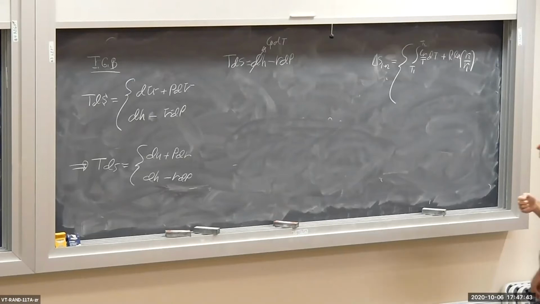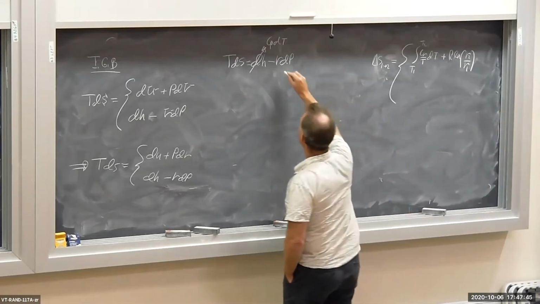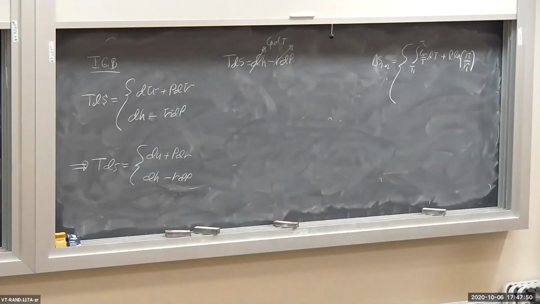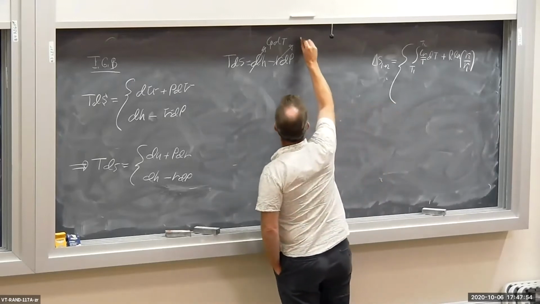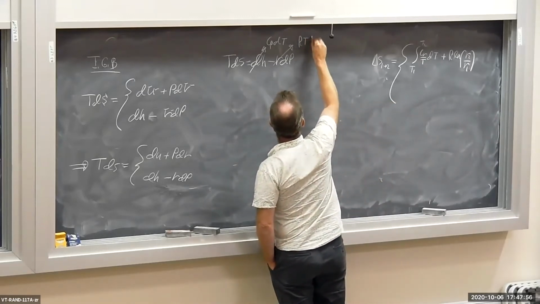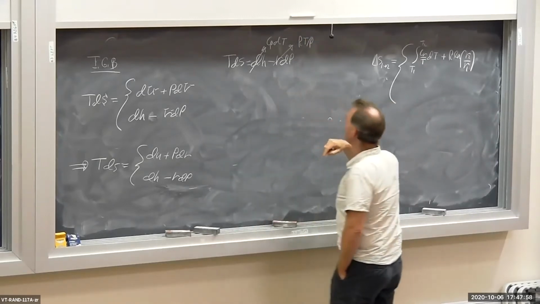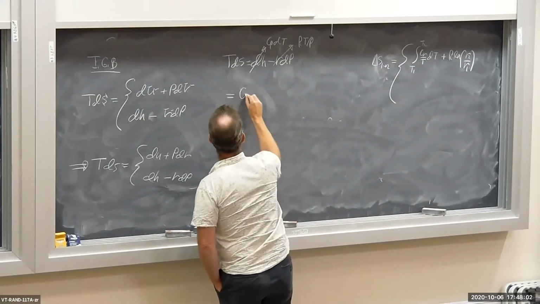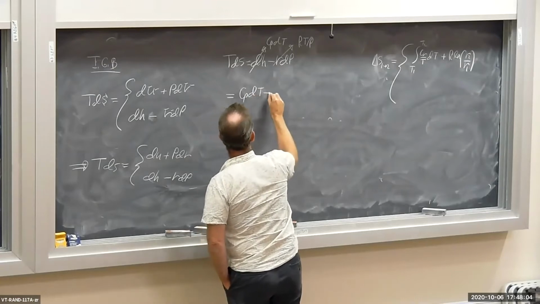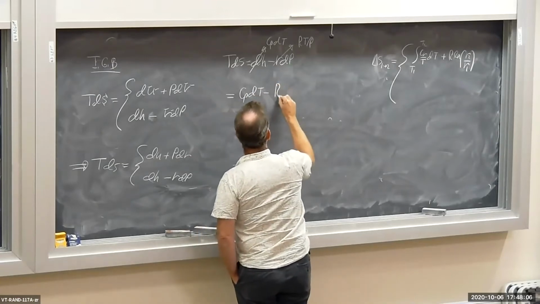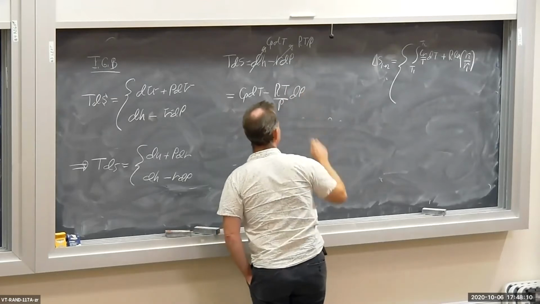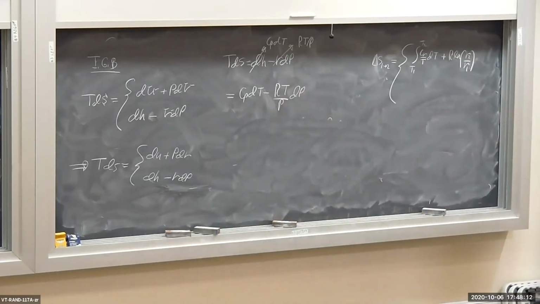And then specific volume from the ideal gas law. Specific volume is volume divided by mass, so that's RT over P, RT over pressure. So I get Cp dT minus RT over pressure dP. Okay?